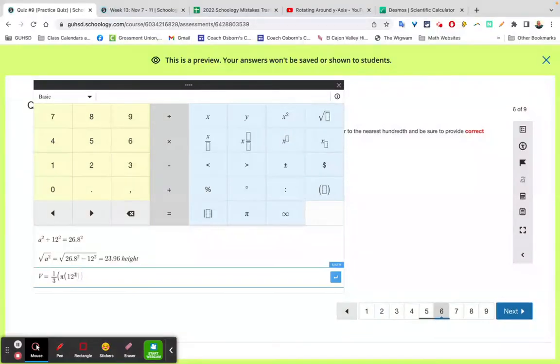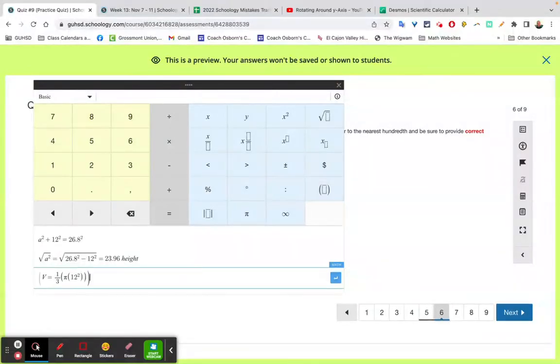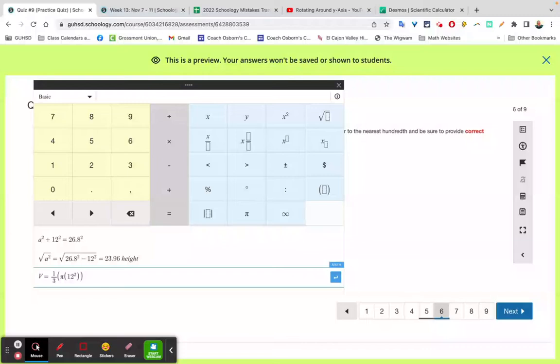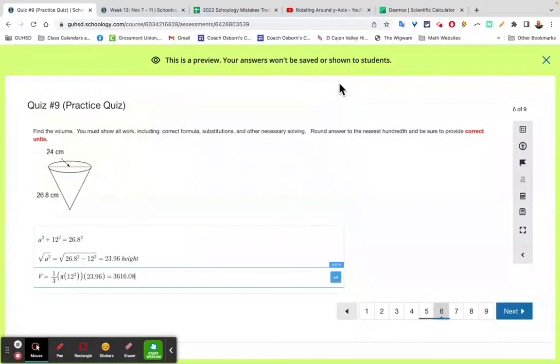That was the area of the base. Okay, and then lastly, times the height, the one that we found. And then you can show what that's equal to, 3,616.08. And this was in units of centimeters, so we'd say centimeters cubed.